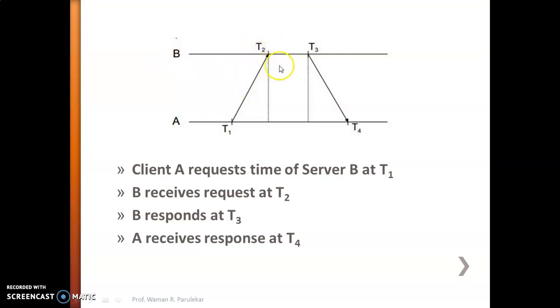Then it takes some time to prepare the response, and at T3 it sends the response to the client, and at T4 the client receives that response. You can observe the difference between the NTP algorithm and Christian's algorithm: in Christian's algorithm we have not considered T2 and T3, correct? Here we have considered T2 and T3. That is the difference between Christian's algorithm and the NTP algorithm.